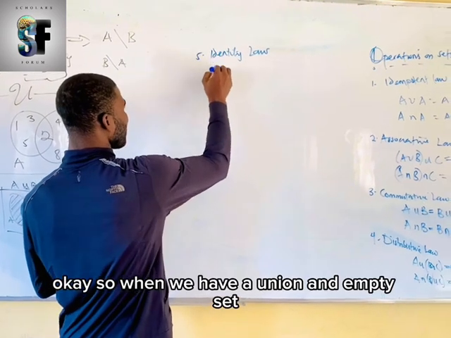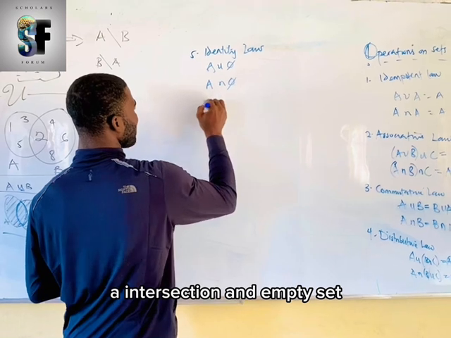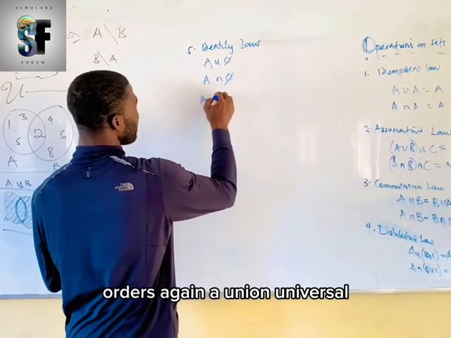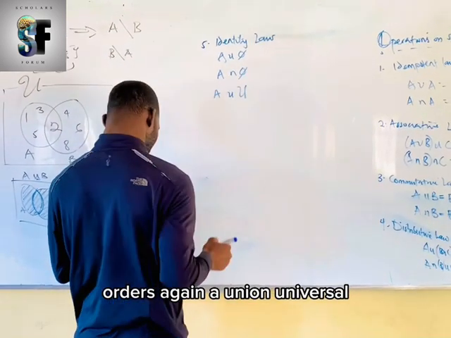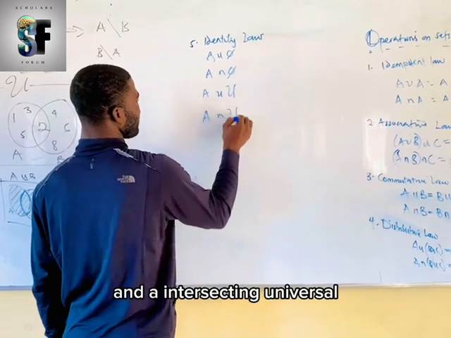Okay, so when we have A union an empty set, A intersecting an empty set, what else again? A union universal and A intersecting universal.